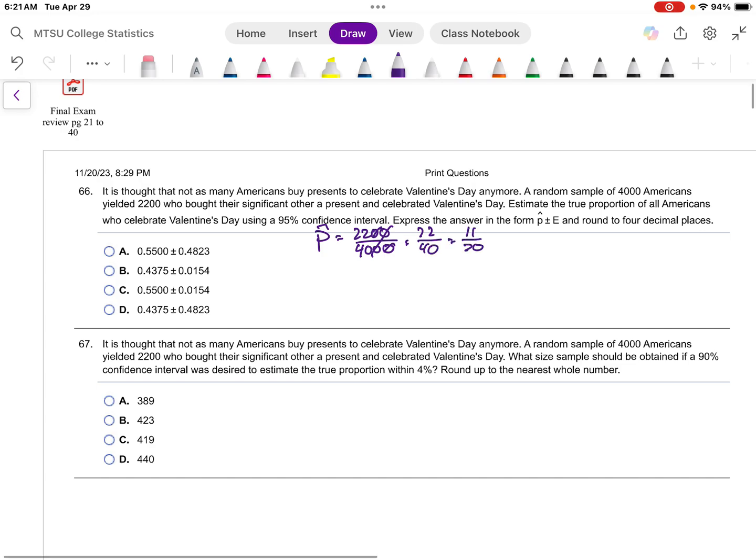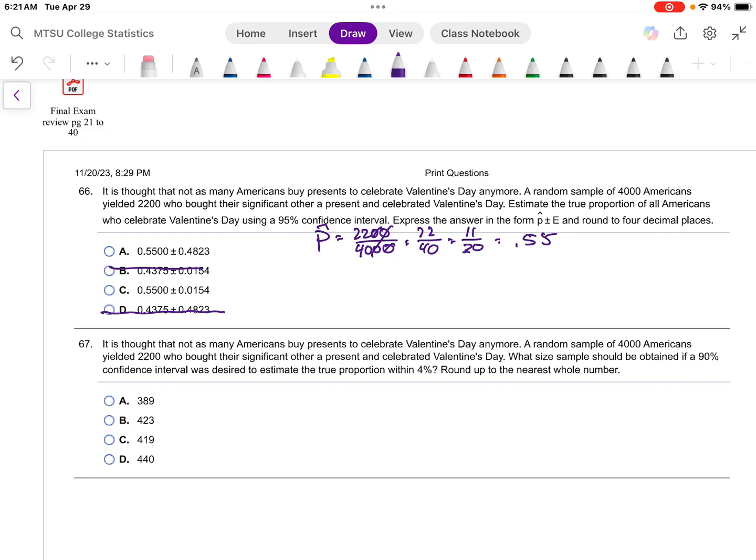And then if we divide that out, we'll find that that's about 0.55. So that lets me know it's got to be either A or C. Now it's just a matter of, do you want to do it by hand or use the calculator to figure out what the margin of error is for the confidence interval.